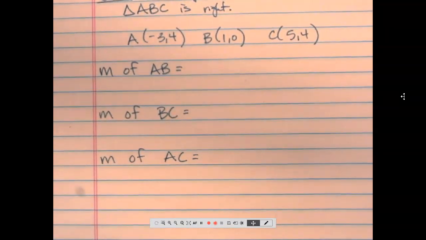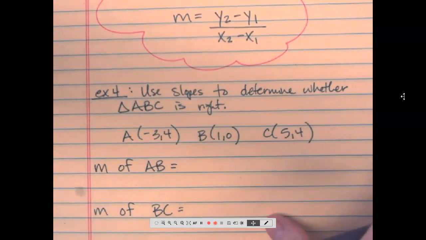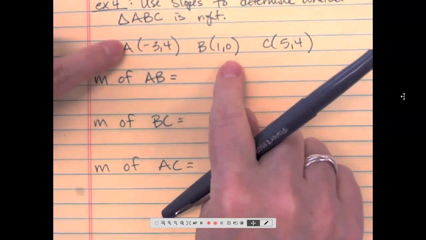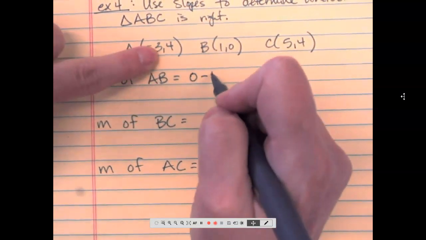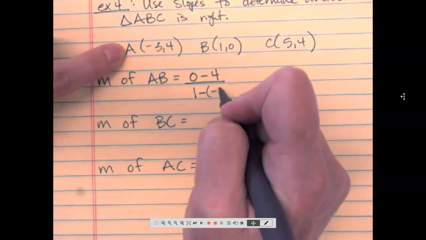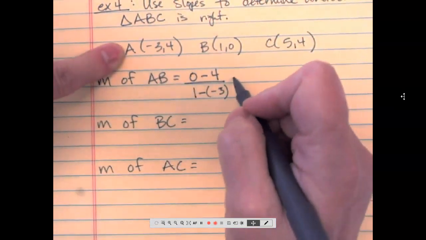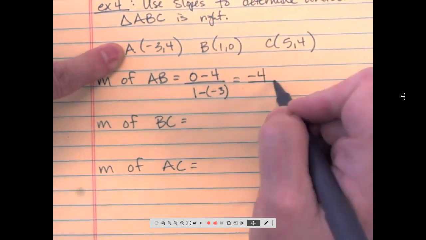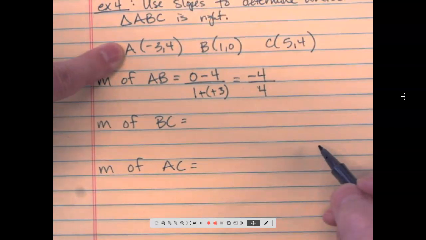All right. Let's do AB together, and then I'll let you finish up the other two. Here's our slope formula up at the very top. Using points A and B, y2 minus y1 over x2 minus x1, I would have negative 4 over, this becomes plus, positive 4.